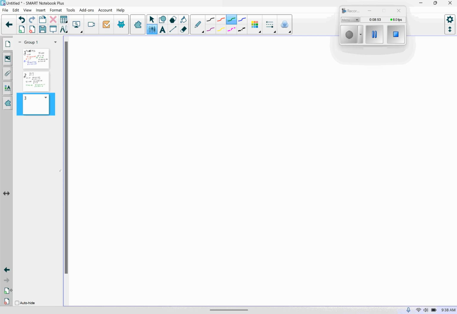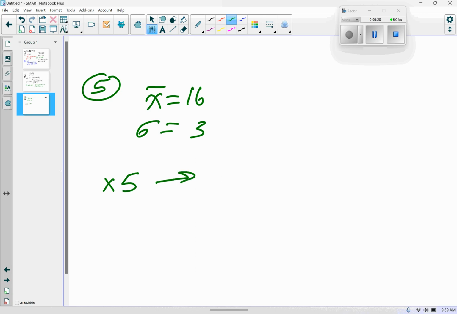If the teacher multiplies every score by 5, what percent of the students will get a 90 or higher? Okay, so we're going back to this problem that said the average was 16 and the standard deviation was 3. And then they said if the teacher multiplies by 5, what percent get a 90 or higher?